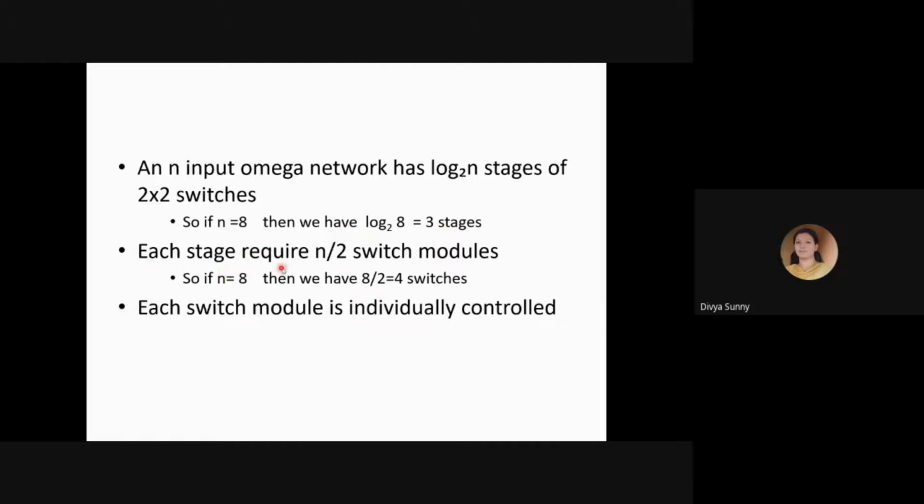Each stage requires n by 2 switch modules. So if the input is 8, then we have 8 by 2, that is 4 switches needed. Each switch module is individually controlled.